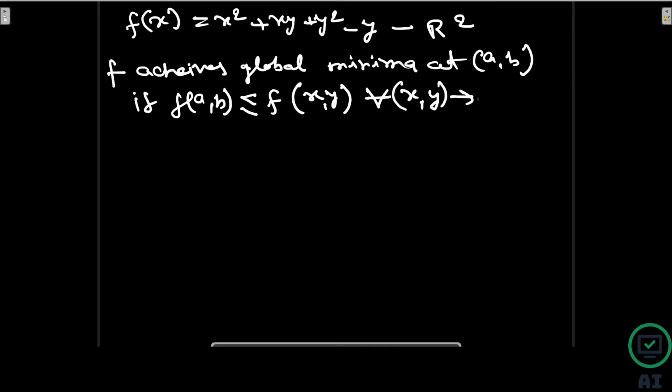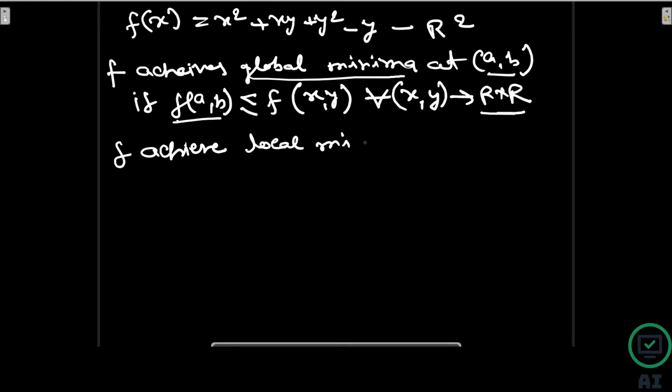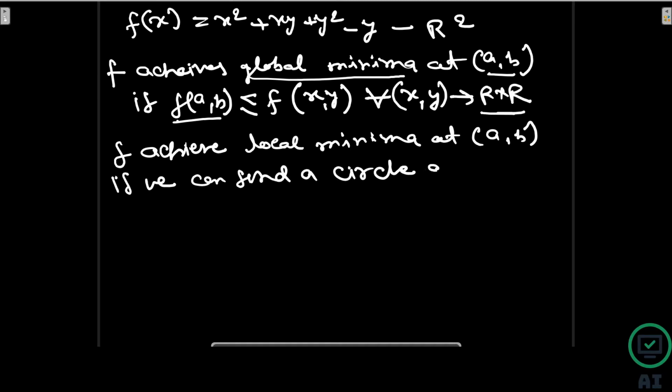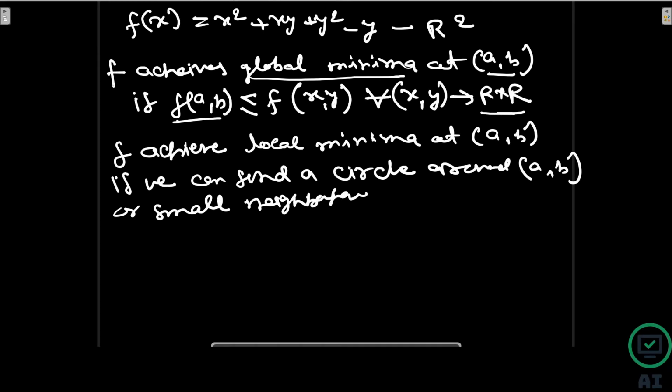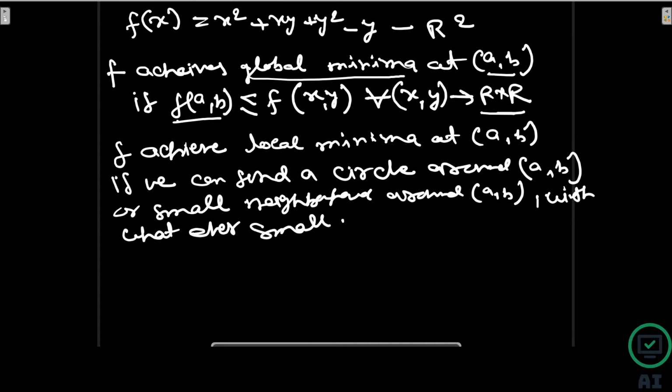xy belongs to R cross R. And we say f achieves local minima at point AB if we can find a circle around point AB, or a small neighborhood around AB with whatever small radius.